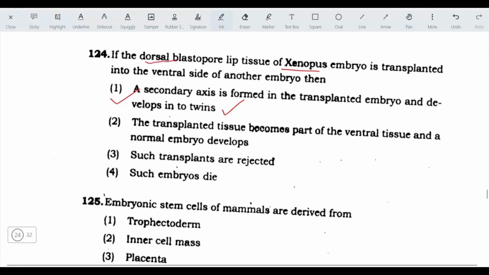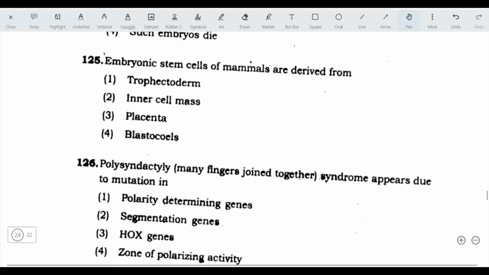This dorsal blastopore has totipotent cells, which have the potential to develop into another whole organism.